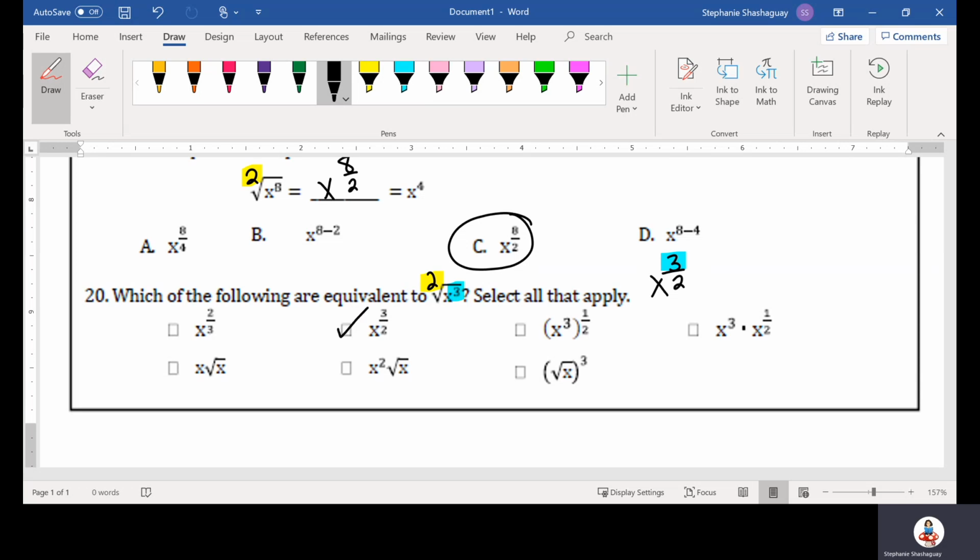We have that one there, and also that one, because 3 times 1/2 is going to be x to the 3/2. This would be x to the 3 plus 1/2.